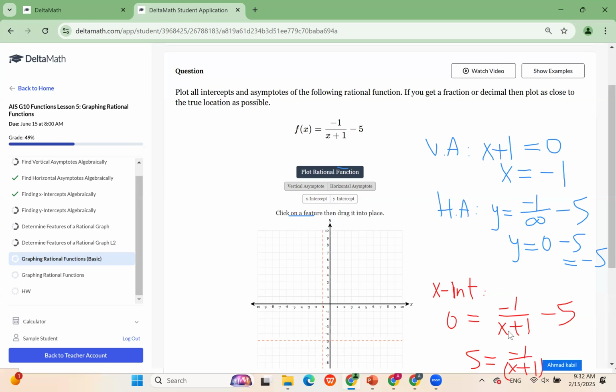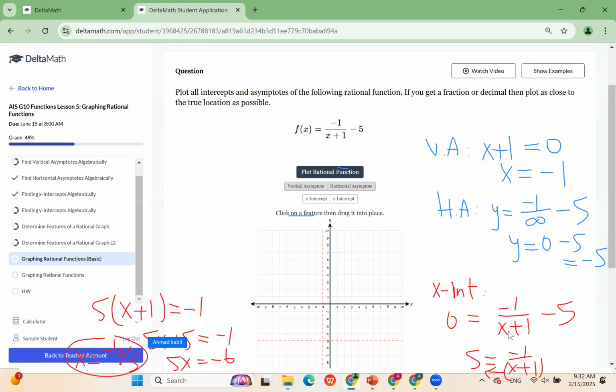Take this to the other side. So we get 5 times x plus 1 equals -1. So 5x plus 5 equals -1, 5x equals -6, and x equals -6 over 5.